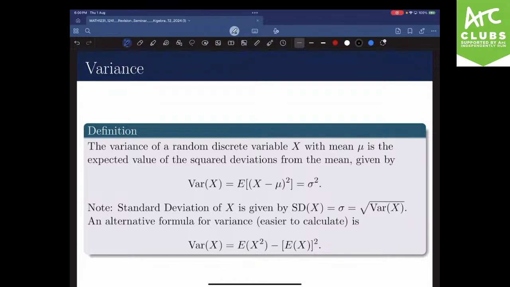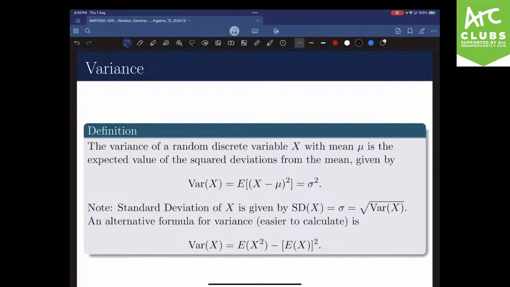We take all of our possible points, subtract mu from them, square it, and take the expected value, which gives the average spread of this data. The larger the variance is, the more spread apart my data is. The smaller the variance, the less spread apart my data is.